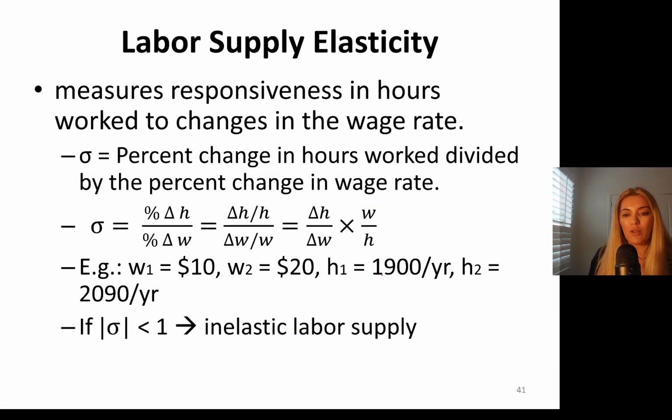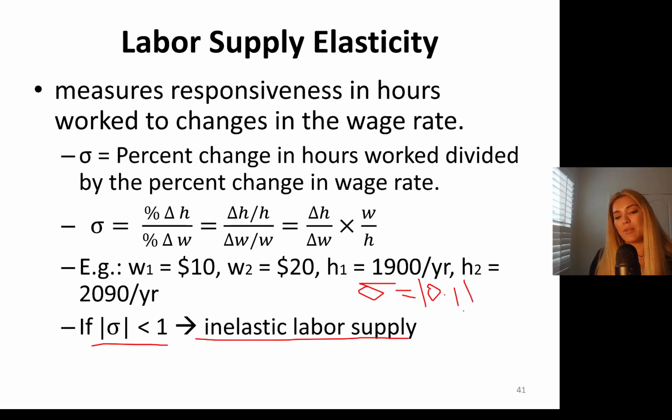How do we decide? We found elasticity to be a positive number, 0.1. If the absolute value of the elasticity, meaning if it has a negative sign, get rid of that, is less than 1, we have inelastic labor supply, which is our case. 0.1 is less than 1. We have inelastic labor supply, which means when wages go up by 1%, the response in hours of work is less than 1%.